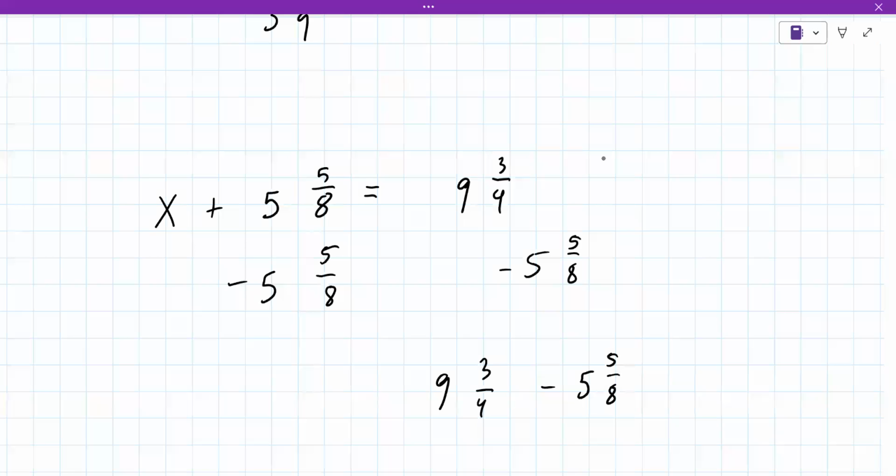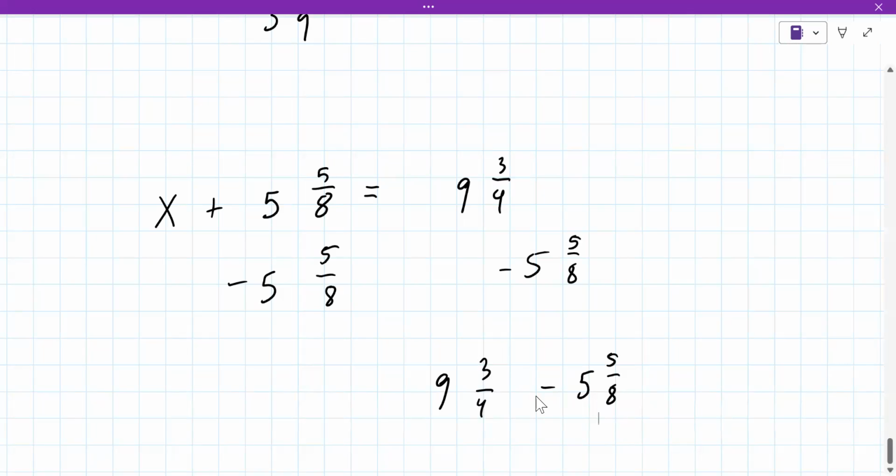Okay, so we change it into 8 plus 1 plus 3/4 minus 5 minus 5/8. So do you have to borrow is my question. Why? What is 3/4 as a fraction with a matching denominator? It's 6/8. So no, you don't have to borrow. You have to be very careful.